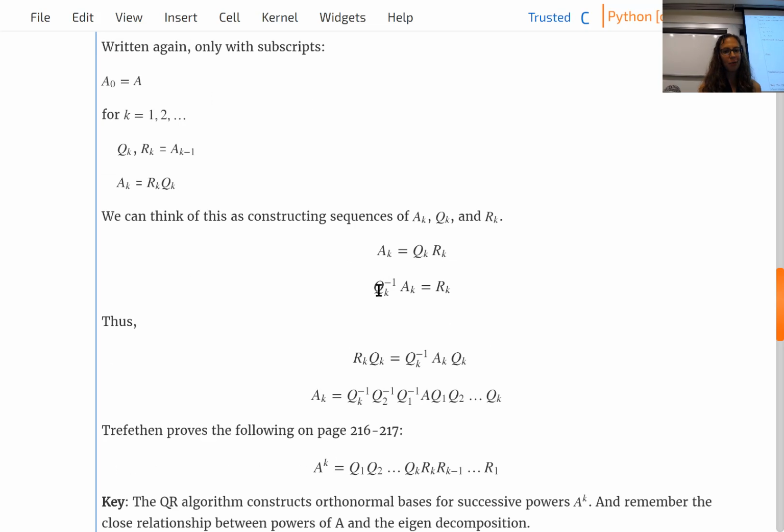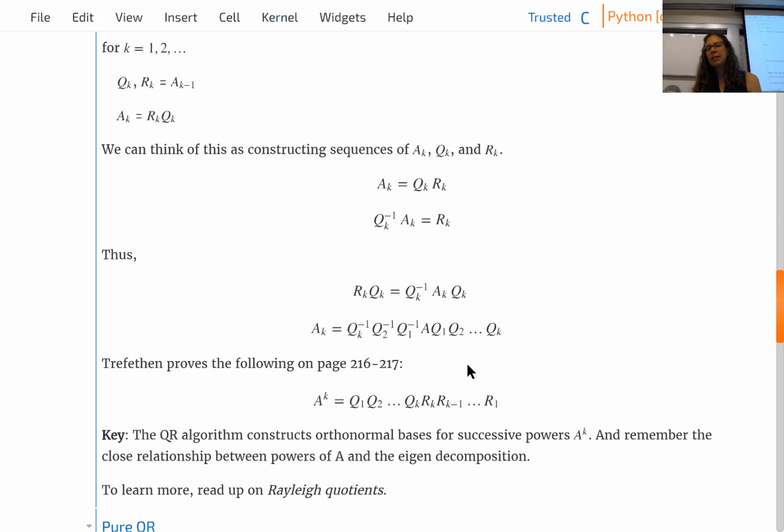So then we can take this equation, and what happens when we multiply R times Q, we can say that's like saying Q inverse times A times Q. So I've just plugged this in for R_k down here, and I get Q_k inverse A_k Q_k.